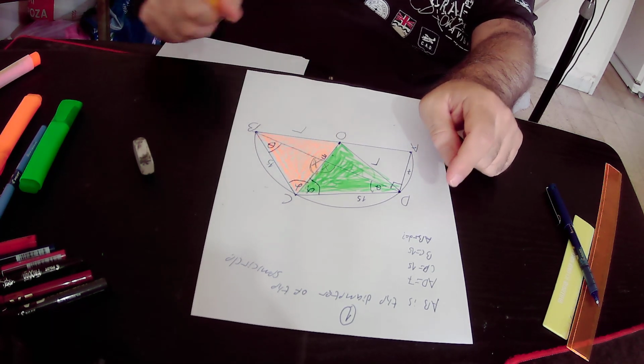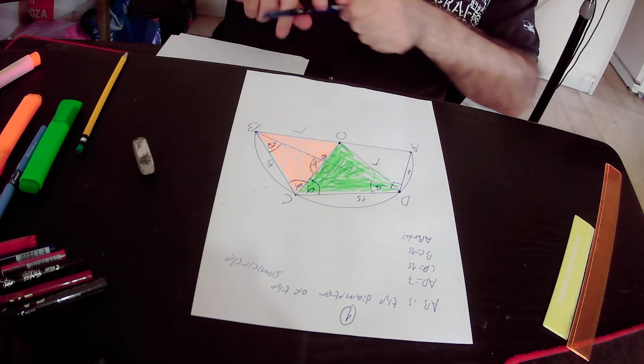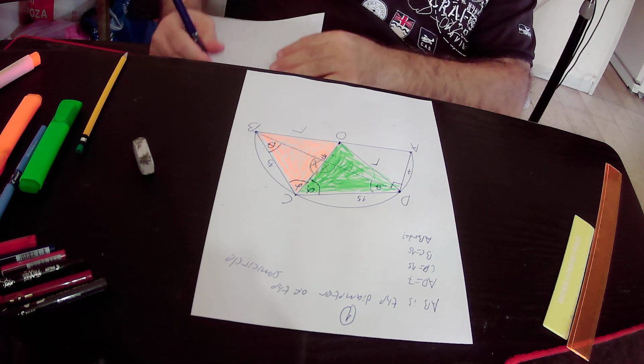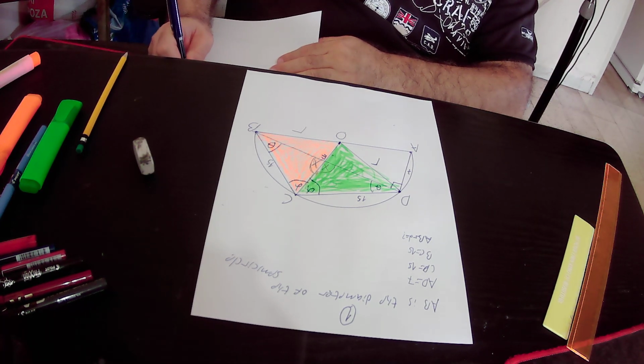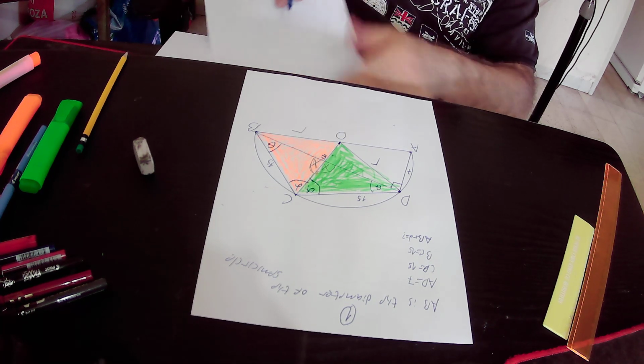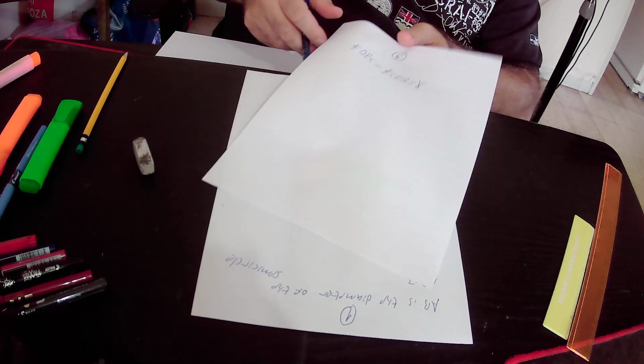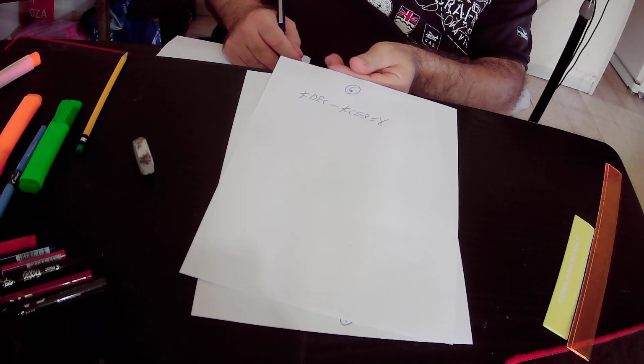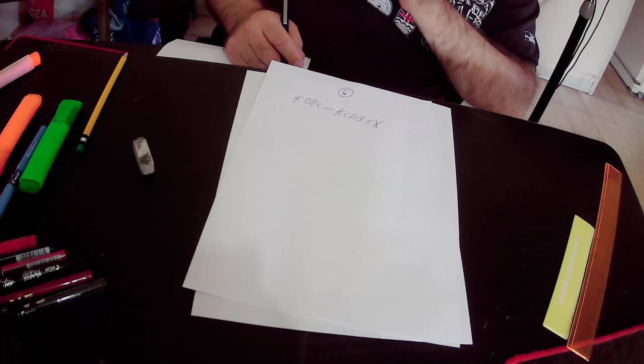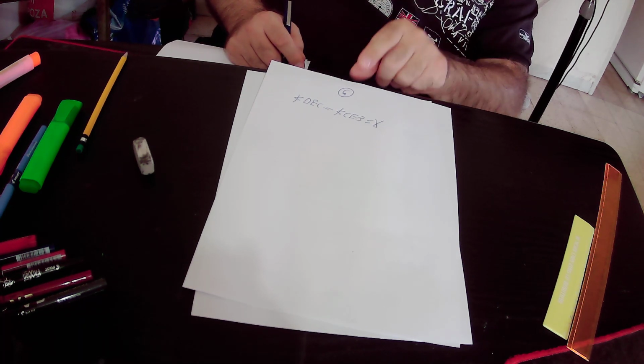Okay? So here we can write down that angle DEC equals angle CEB equals x. Both those two angles are equal to x.